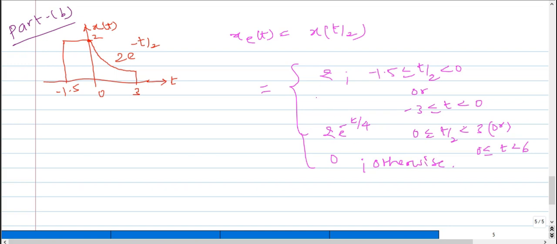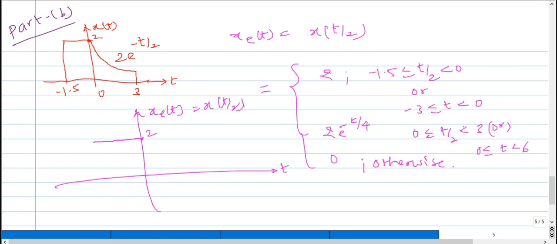Okay, so we have to plot the signal, and this will be our expanded signal xe of t, which is x of t by 2. So the amplitude will remain unchanged here, and this will go up to minus 3, and here it will be from 0 to 6, and this is the equation.